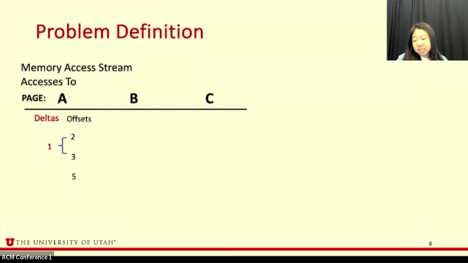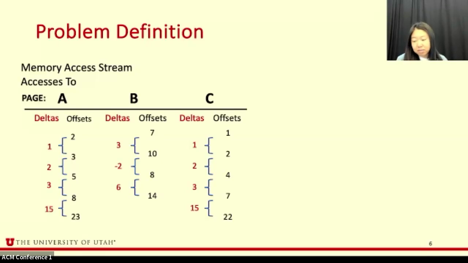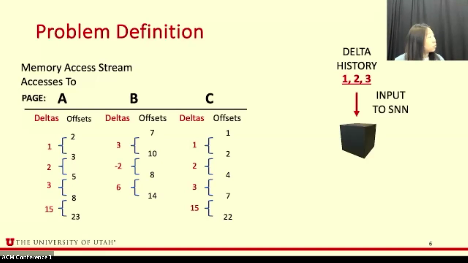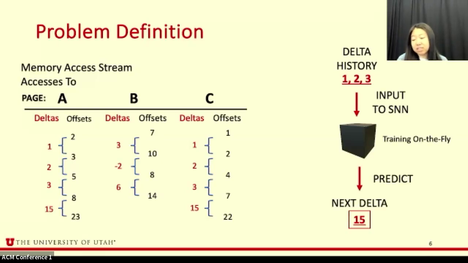And then when I see the next offset, which is 5 here, it records 2. So on and so forth. We do the same thing on the other pages as well. When we have 3 delta history points ready, we feed this pattern to the SNN. With training on the fly, the SNN can generate the prediction of the next delta, like 15 in this example.